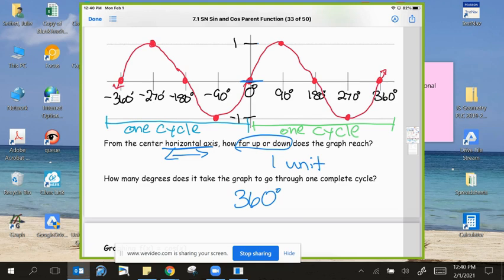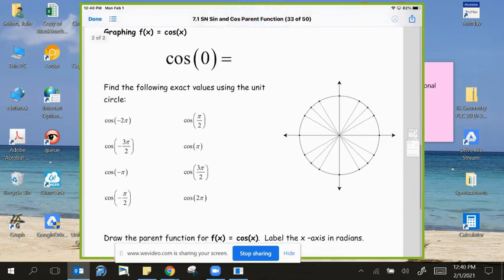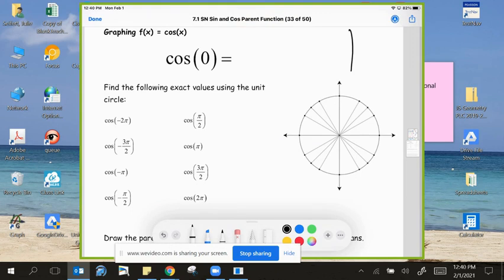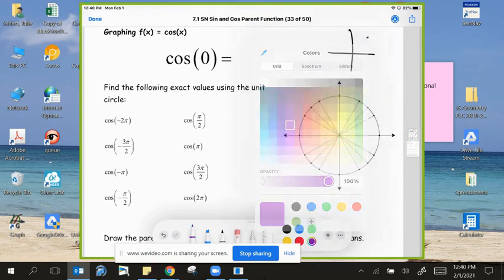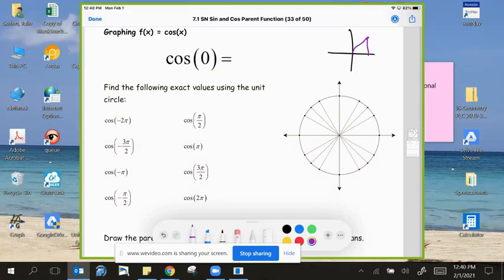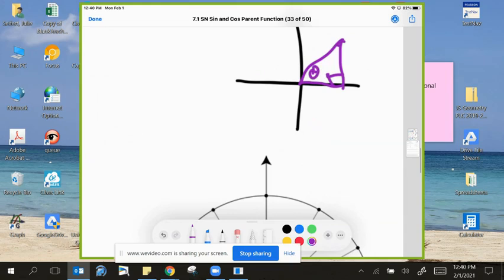All right. So on the next page, we're going to do a very similar thing, except we're going to do this with cosine. Remember cosine, if we are on the coordinate plane, is adjacent over hypotenuse with theta in the corner at 0, 0.